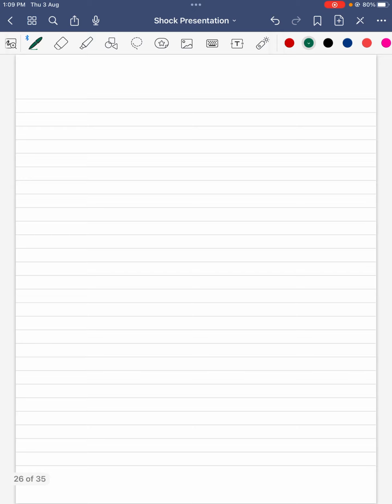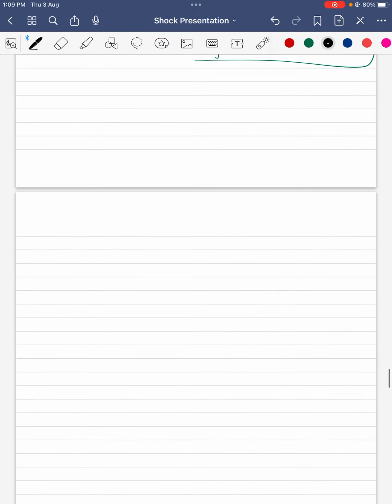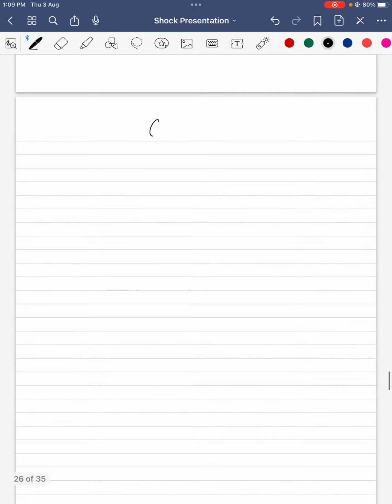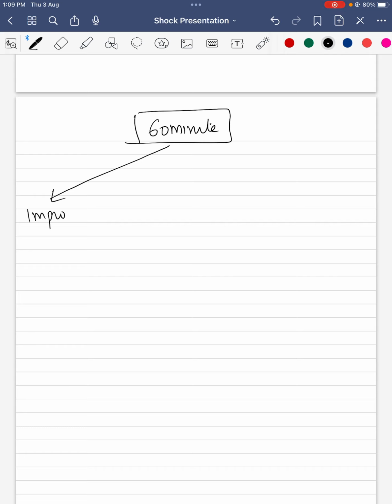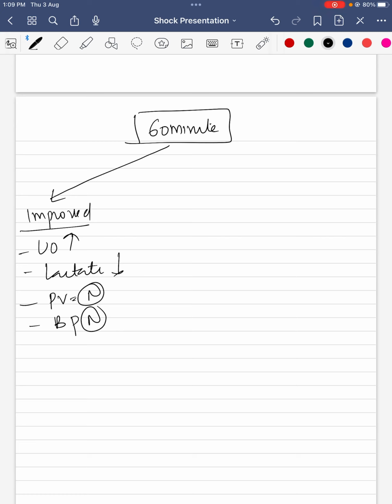After 60 minutes, what will happen? One second. Okay, so 60 minutes completed. Now what will you be getting? Improved, which means urine output increasing, lactate reducing, pulse volume normal, BP normalizing, or otherwise not improving.